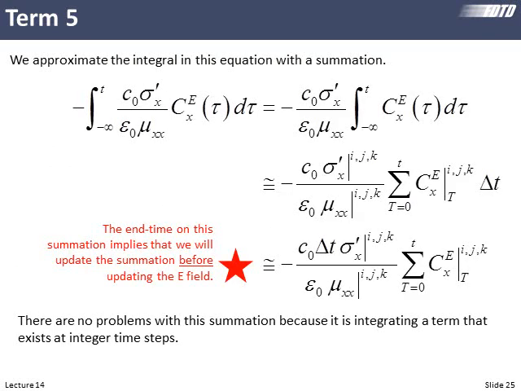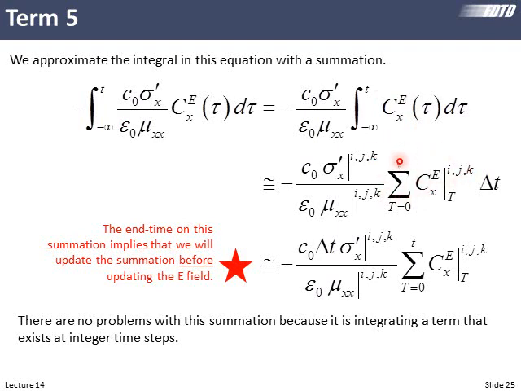The last term is similar to term 3. We have an integral here. The fortunate news here is that we're integrating a term that exists at integer time steps, so it will be possible to integrate up to time t exactly without doing anything tricky like we did for term 3. So we pull our constants to the outside of the integral, and we're just left with integrating the curl term, which we can approximate with a summation. No problems here.